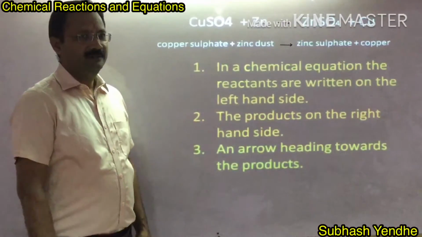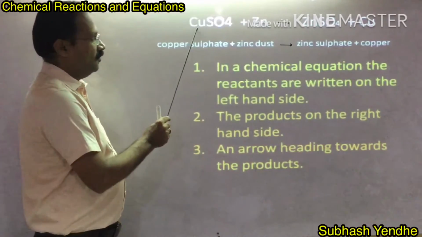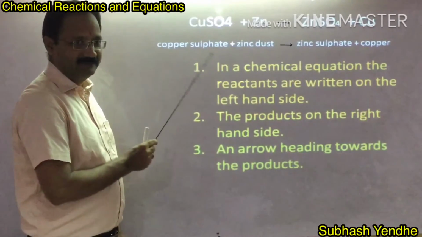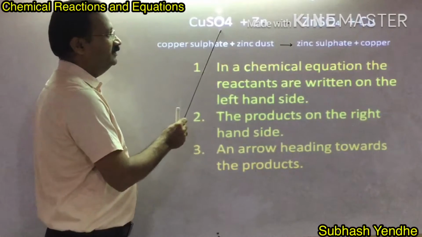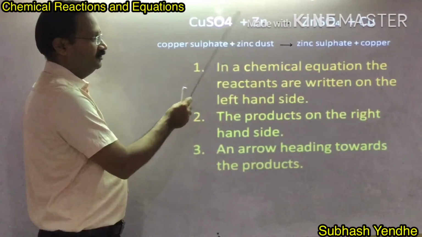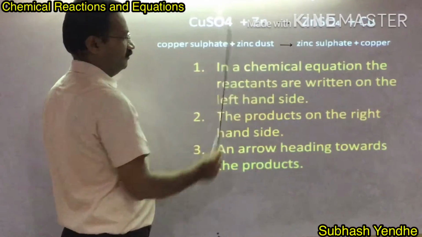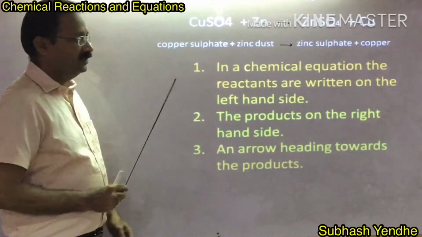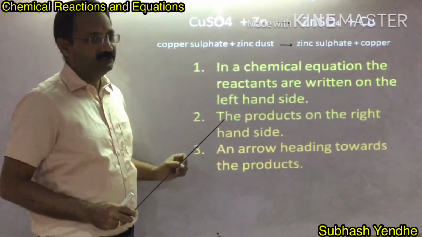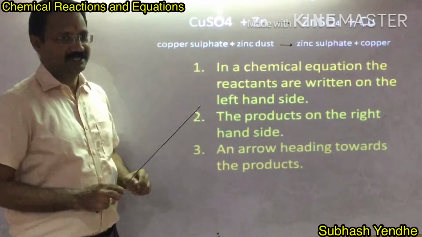Now let's see one chemical equation. We have seen already in the activity that copper sulfate is reacted with the zinc powder. So what does it form? It forms zinc sulfate and copper. Here we are going to see how to write the chemical equation.